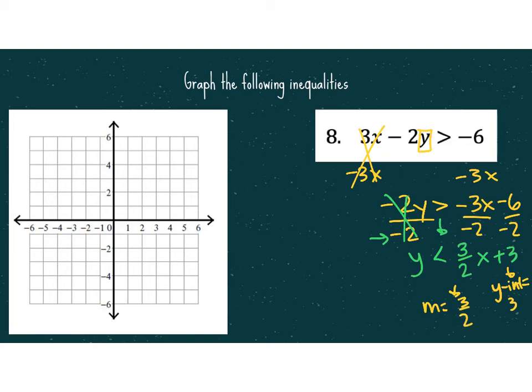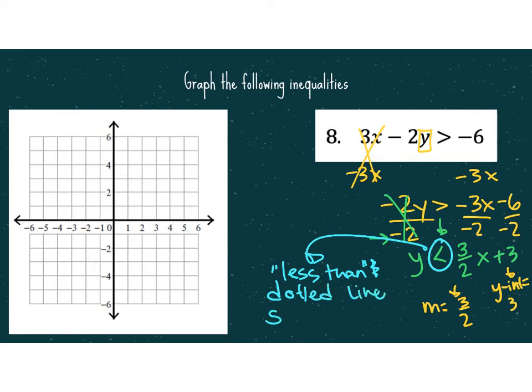That inequality symbol that I'm working with now is this one. So I'm looking at less than. That means I have a dotted line, and I'm shading down. I'm less than, so I'm underneath the line this time.